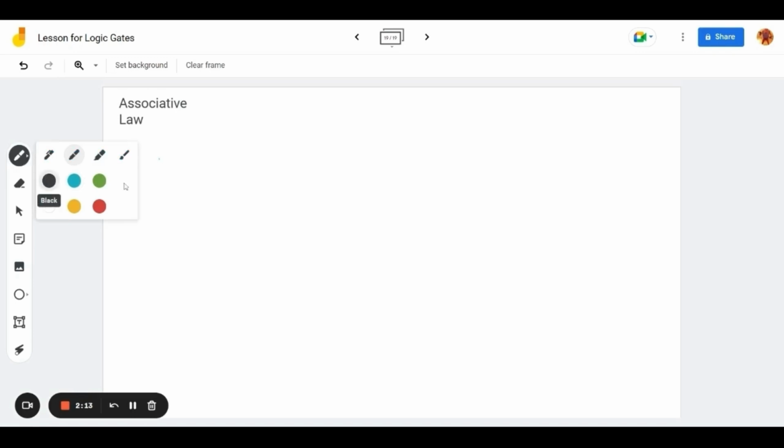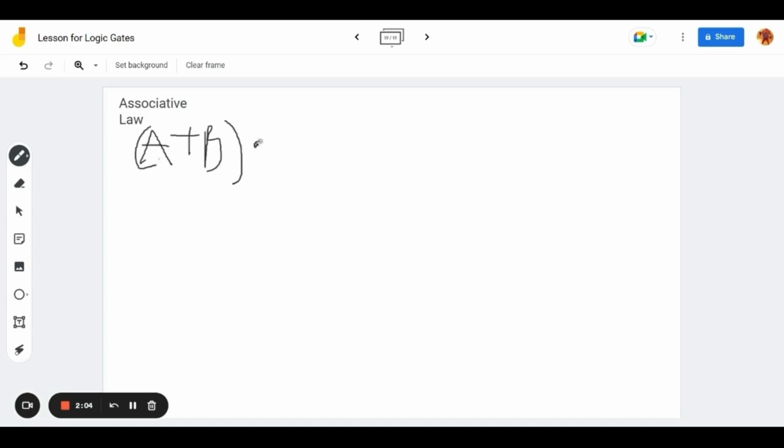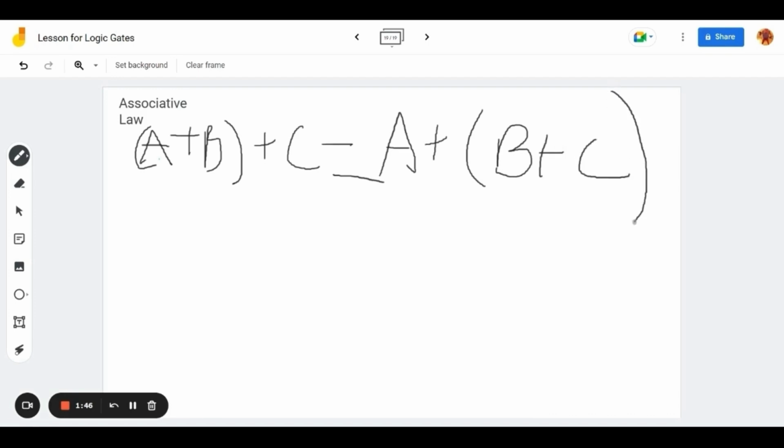A plus, bracket, B plus C, equals A plus B plus C. Same thing for multiplication.